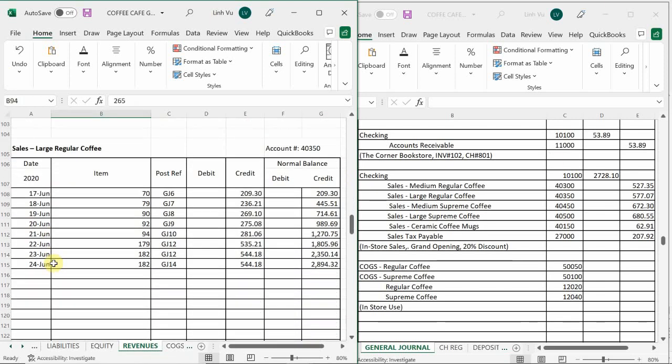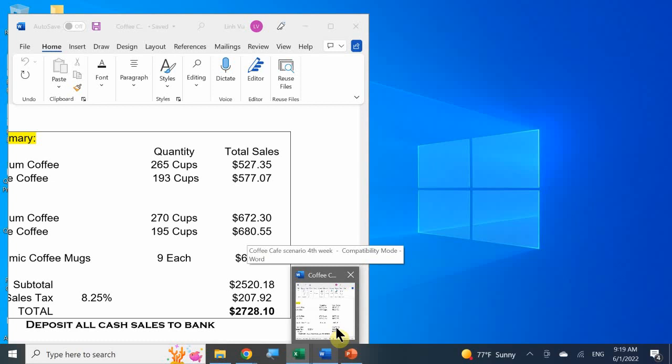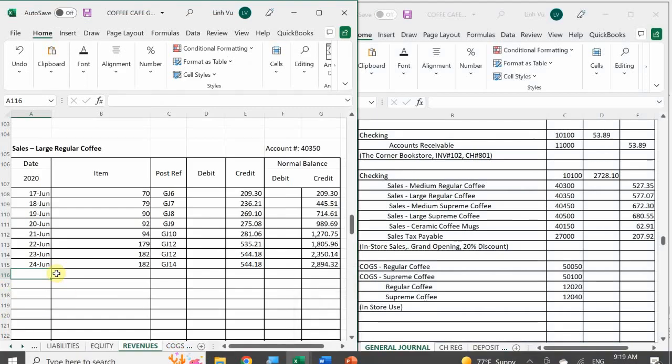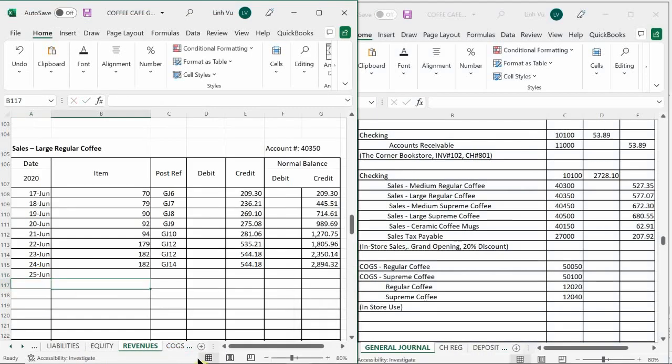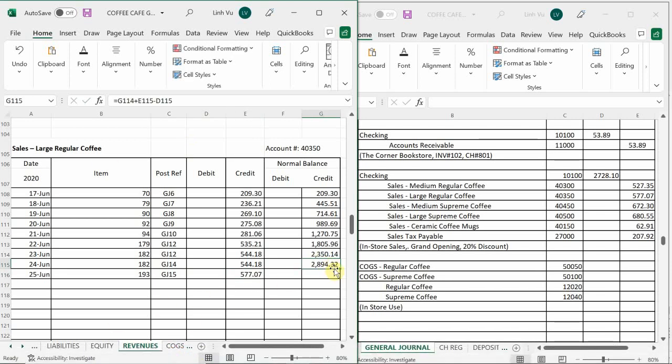We also end up selling our large regular. We sold 193 cups, which, let's take a look, is $577.07. And that should increase my account by $3,471.39.